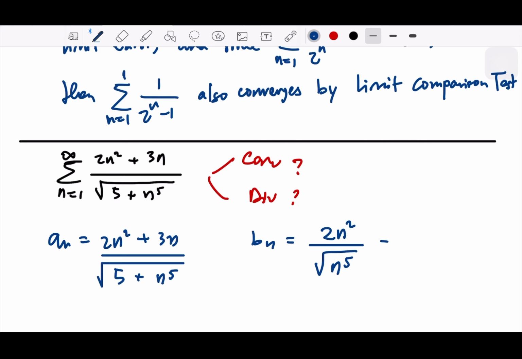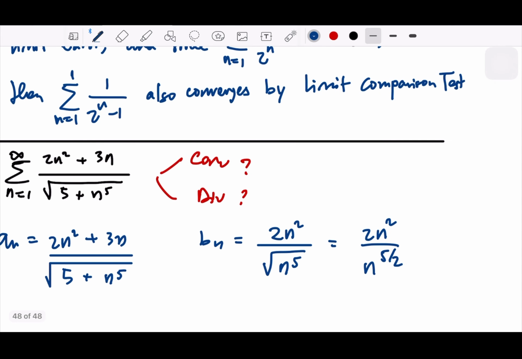And for this Bn, you can imagine the p-series exponent is less than 1, so it should be higher.